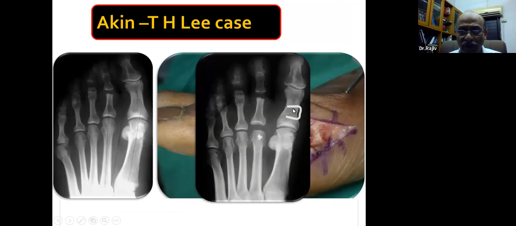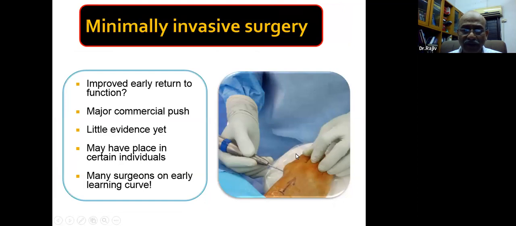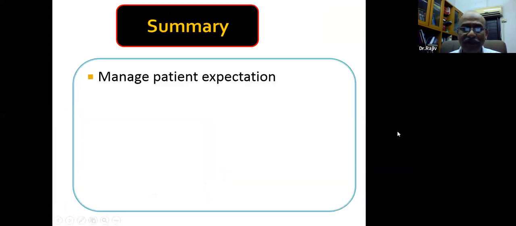It could also be closed and fixed with a staple. Minimally invasive surgery is also being done for hallux valgus, but I think it is beyond the scope of this presentation as well as your purview. You should know that there is a minimally invasive surgery available.